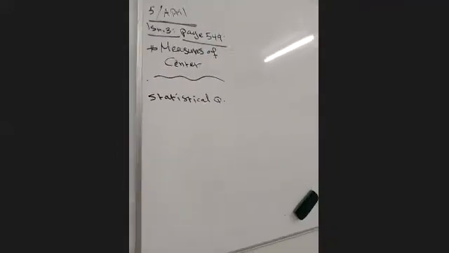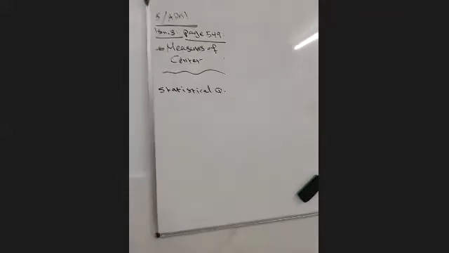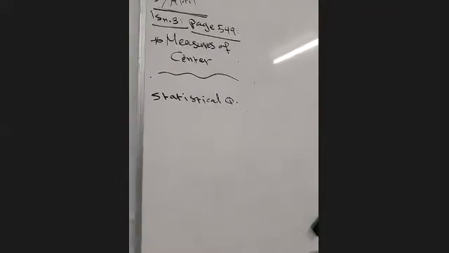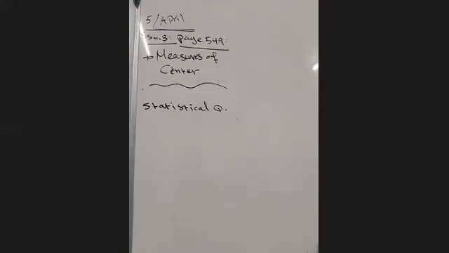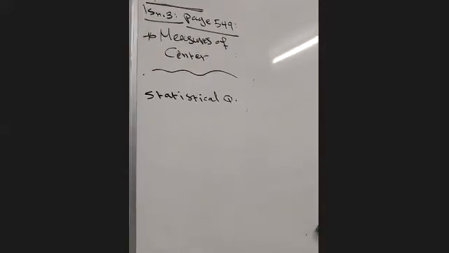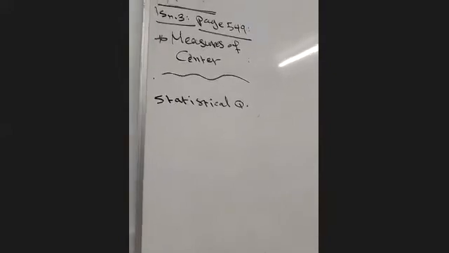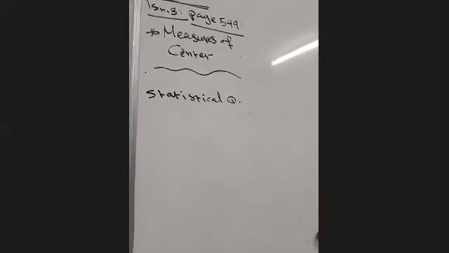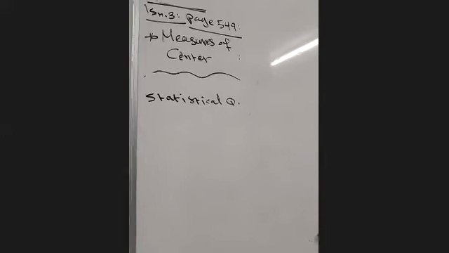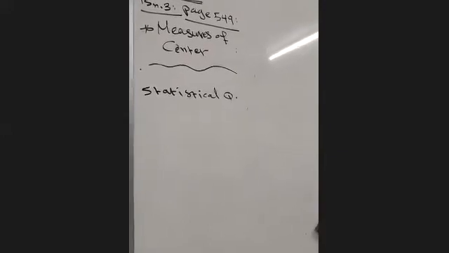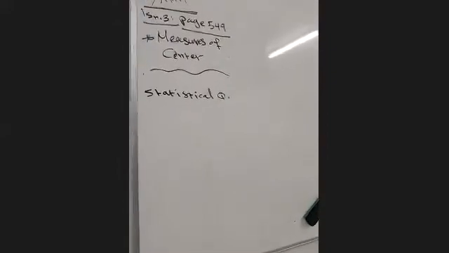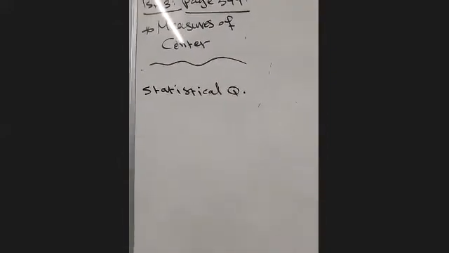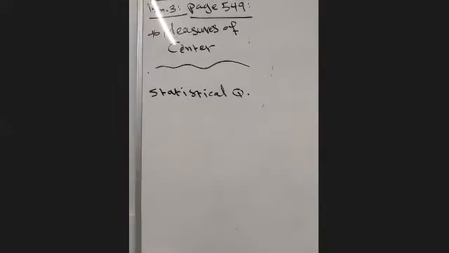If you have a survey, it means you want to collect data. So you will go to the street and ask the people and record your data, or ask your friends in the class, what is your favorite sport? This is a statistical question.